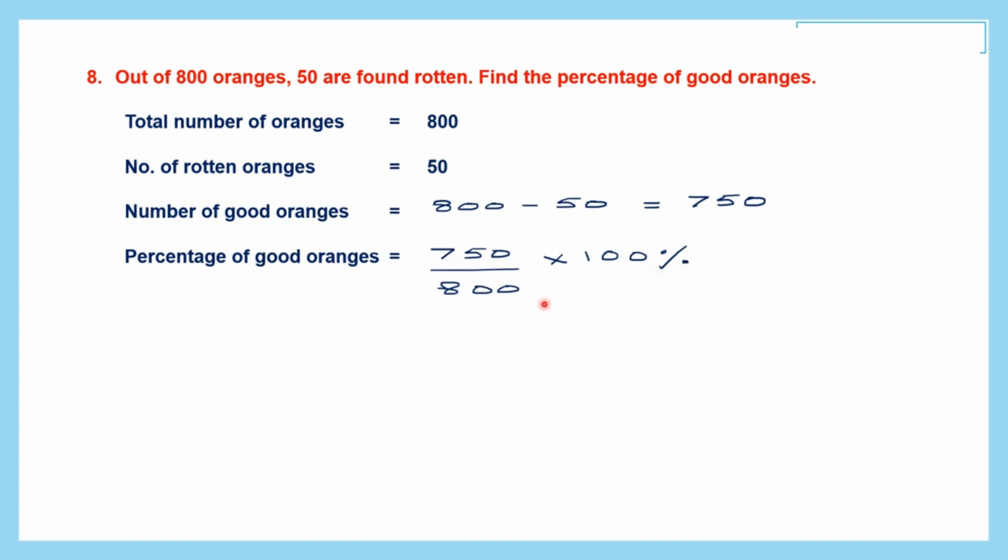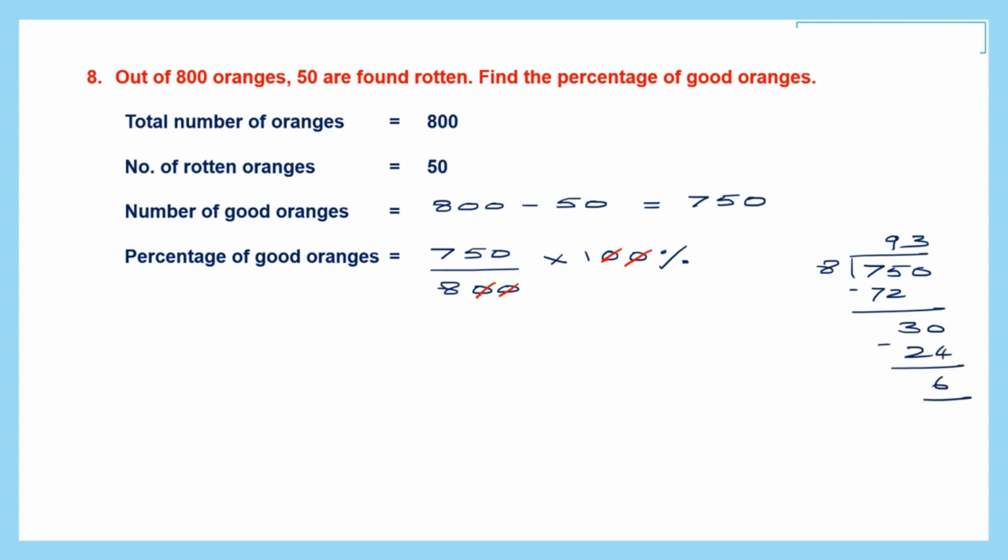Now let's cancel what we can. I can cancel 2 zeros here and 2 zeros here. So now what do I have? I have 750 by 8. I can reduce it or I can divide it straight away. So let's divide 750 by 8. So 8 9s are 72, minus, here we have 30. Now 8 3s are 24. 30 minus 24 is 6.